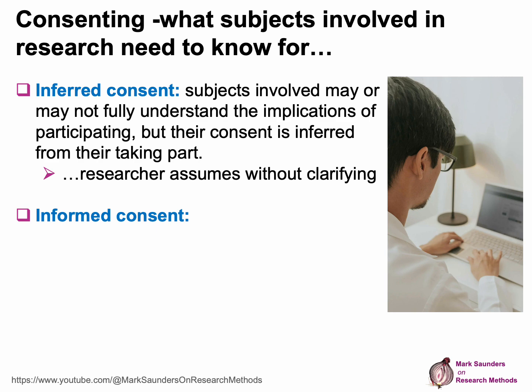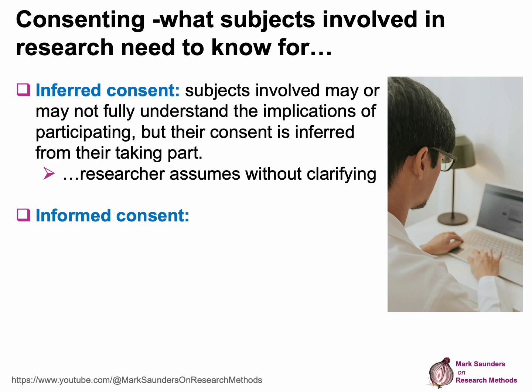So let's look at consenting and what the subjects involved in the research need to know. For inferred consent, we need to remember that the subject involved may or indeed may not understand the implications of participating, and we're just inferring their consent because they've actually taken part. For example, when a questionnaire is returned and a person's just sent it back, we have assumed they've consented to take part.